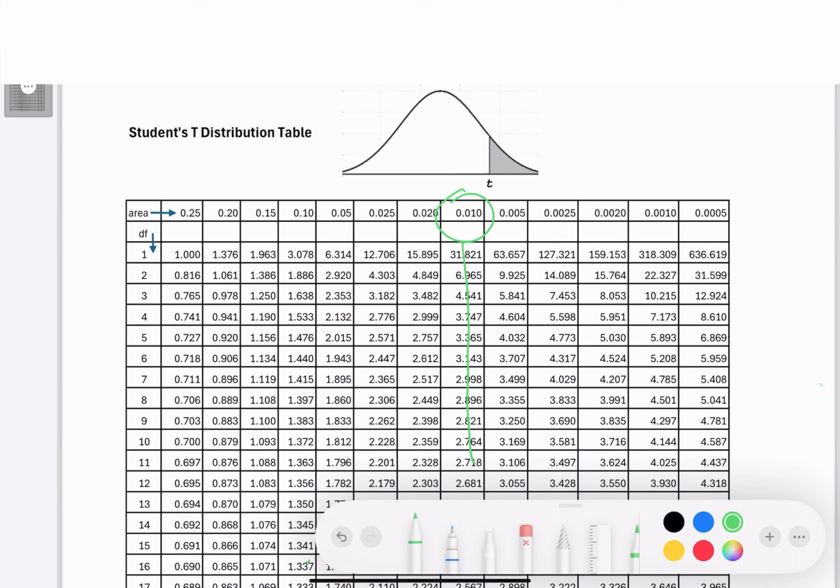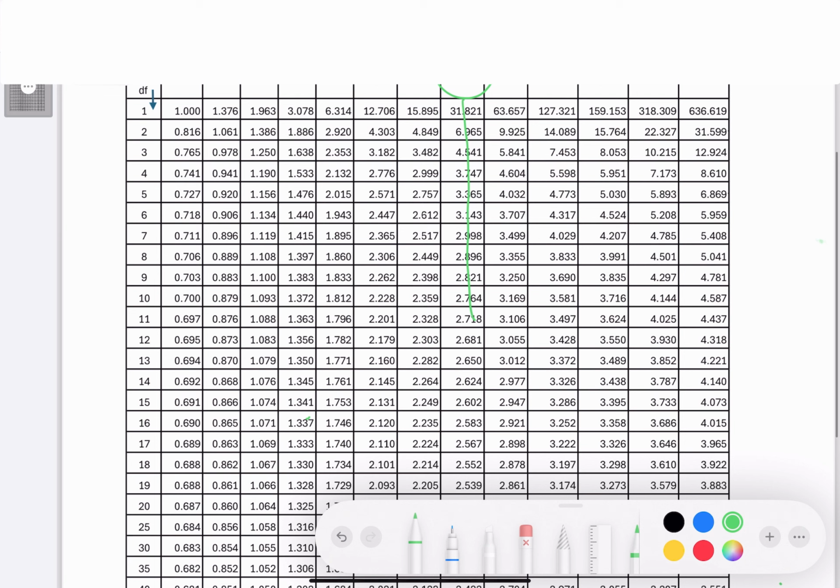And we need to know the degrees of freedom, but it tells us that's 18. So going across from the 18 and down from the 0.01, we see we have 2.552.